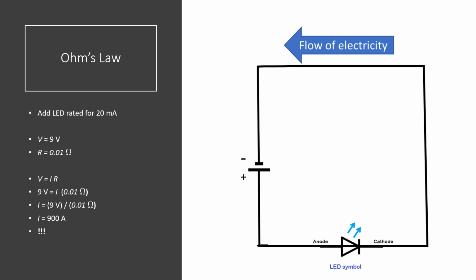We have a 9-volt battery, resistance of 0.01 ohms, so 9 volts equals I times 0.01 ohms. Calculating for I, we find that the current is 900 amps, which is several thousand, maybe 10, 20,000 times greater than what the LED is rated for. Not a good idea. You're going to blow out that LED.